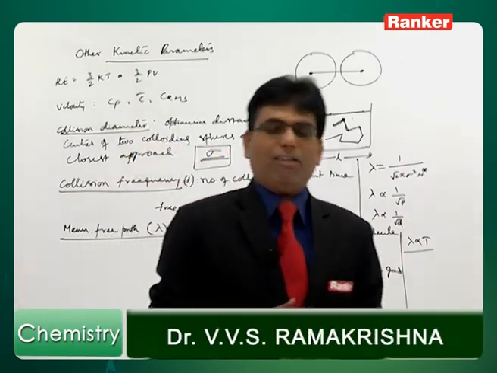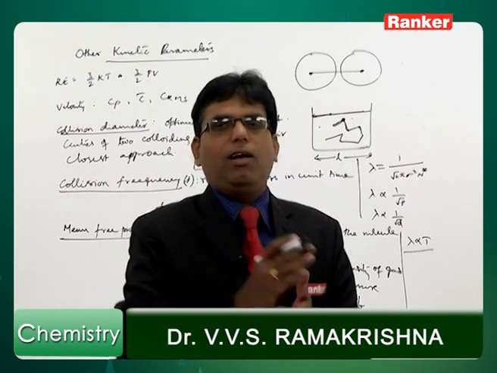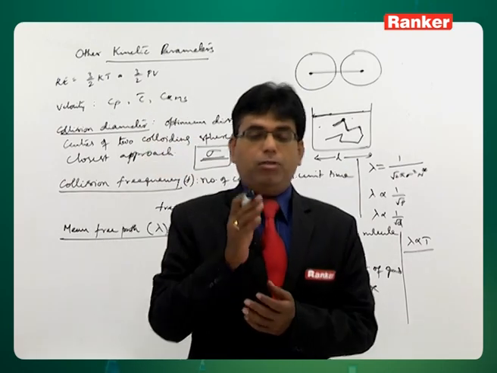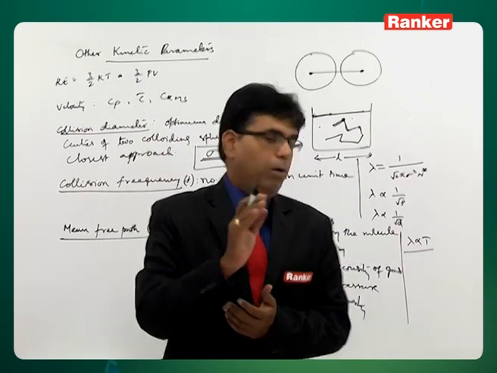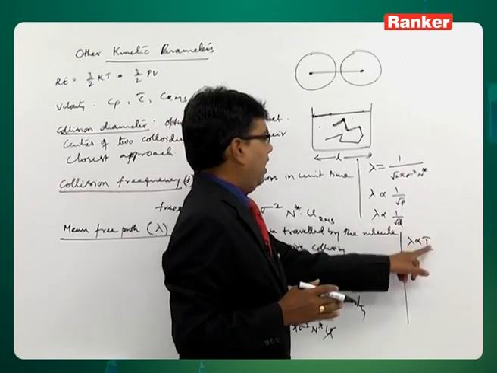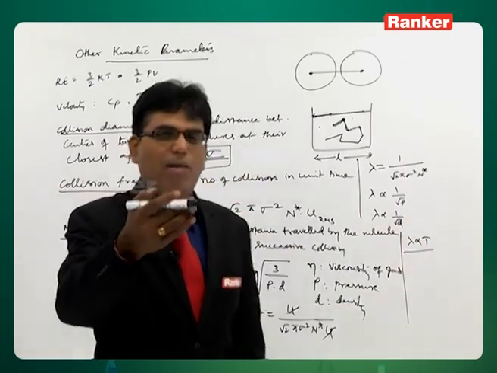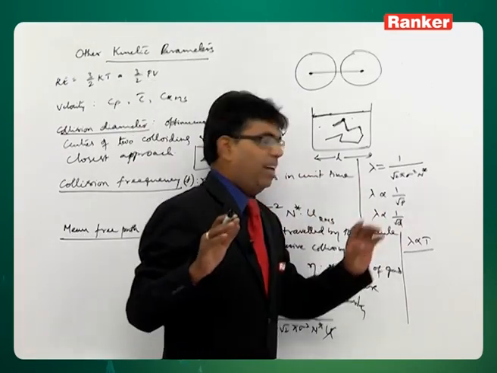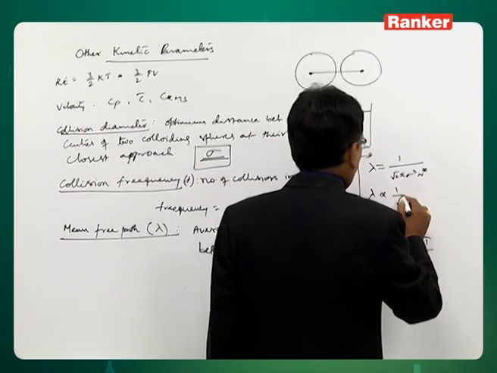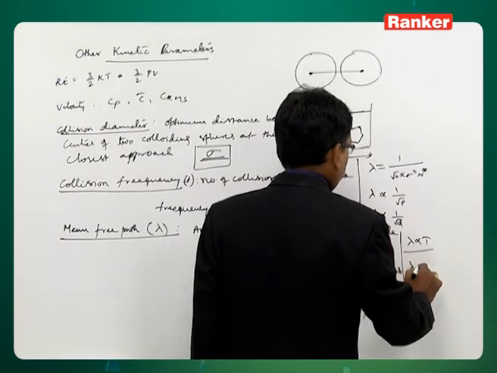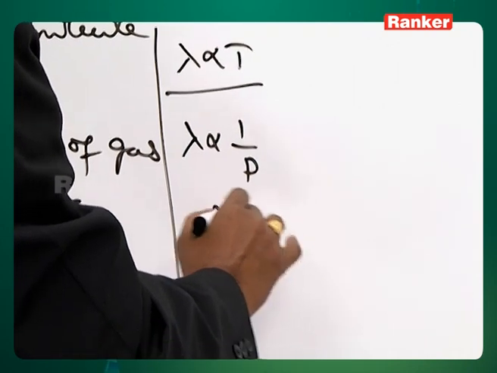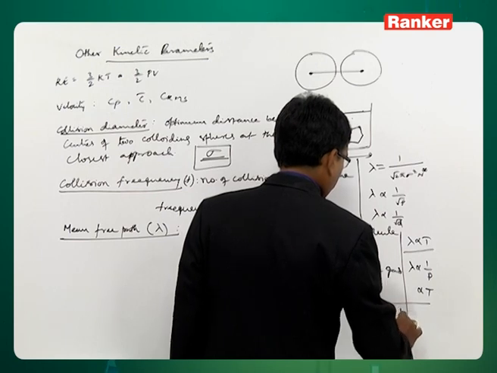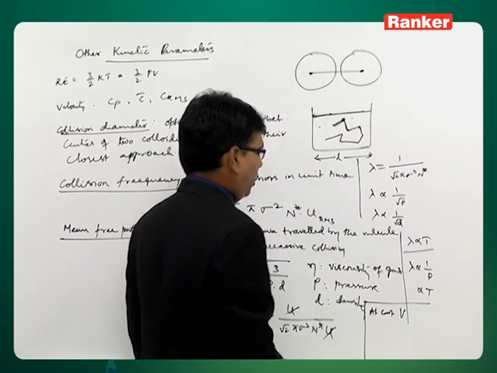With increase in temperature, the path travelled also will increase, right? And at same volume, if P and T are changed, there will be no change in the mean free path, because one compensates the other. When you are writing lambda as proportional to 1 by P, or proportional to T, then at constant V one compensates the other.